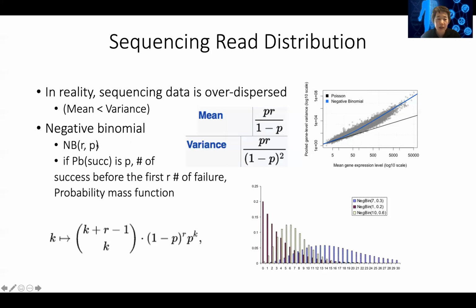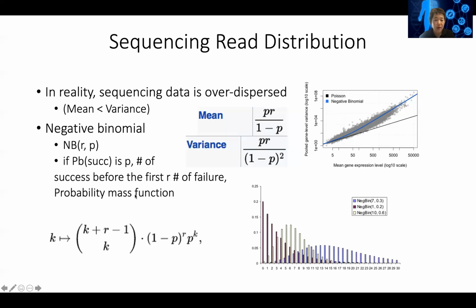And a negative binomial distribution can be represented by NB, r, and p. Classically, the negative binomial distribution is defined as, if the probability of success is p, the number of successes before the first r number of failures.